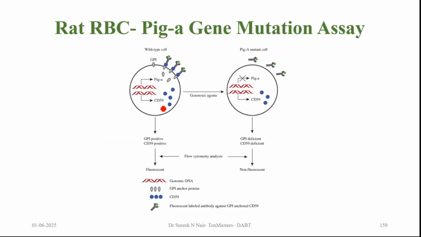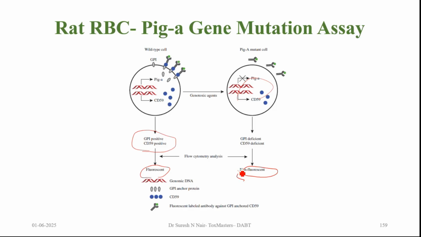Okay, so this is the protocol for the assay. When we use GPI positive cells, the CD59 positive cells will be detected as fluorescent, and the cells mutated, by a chemical that is capable of mutating such a gene, will appear as non-fluorescent. So if the non-fluorescent levels are enhanced, it means the compound is capable of producing carcinogenicity.